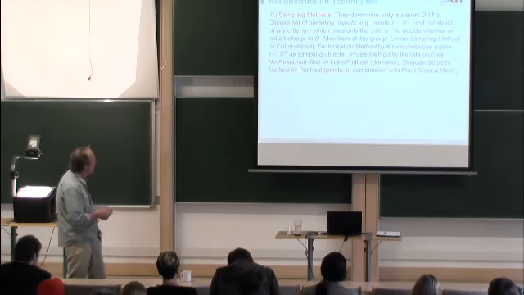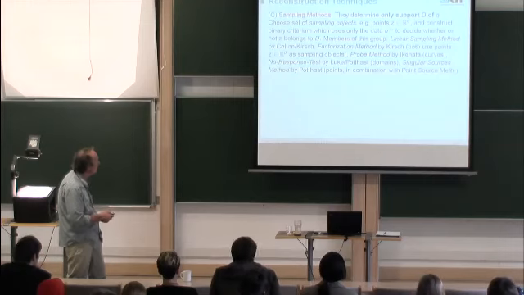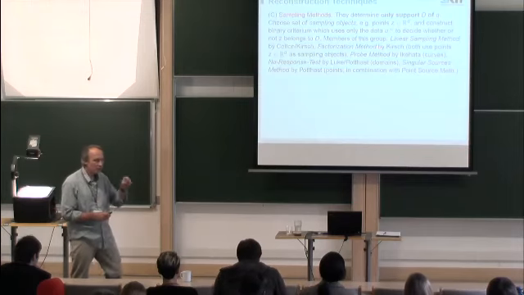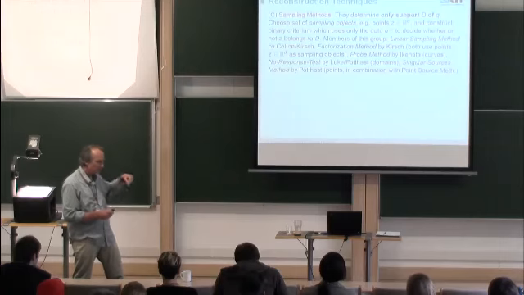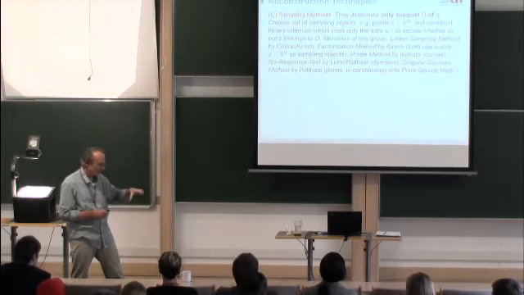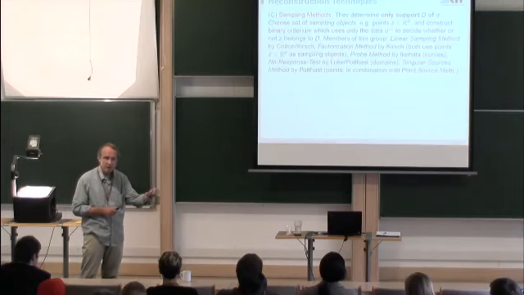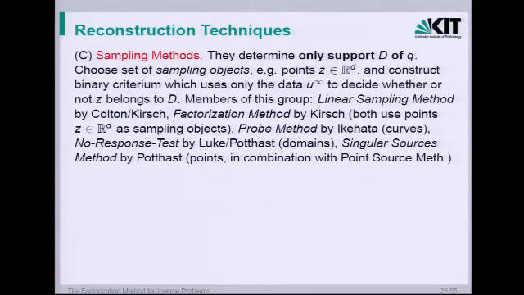Some members of this group, the linear sampling method, use these points, and I will talk about the factorization method. The probe method by Ikehata uses curves coming from infinity, and you test with curves and have a binary criterion to decide whether or not the endpoint of that curve touches the unknown object.